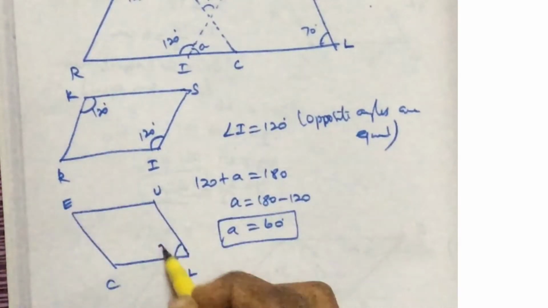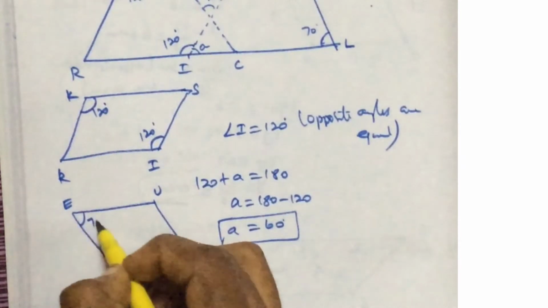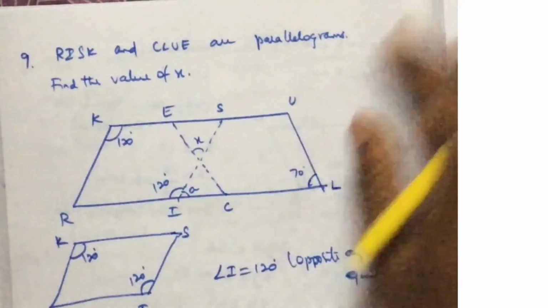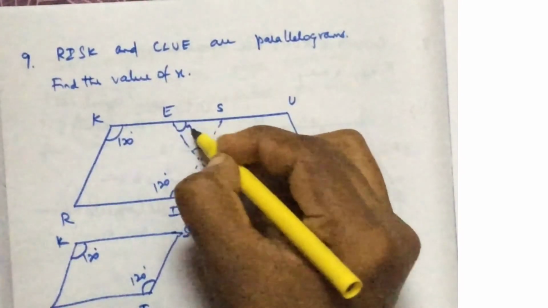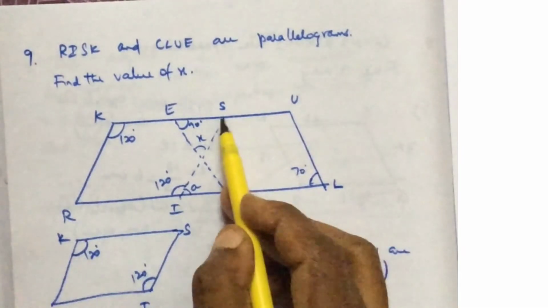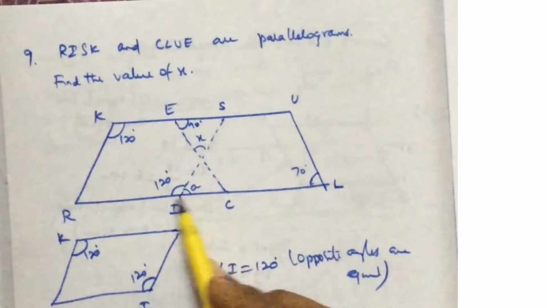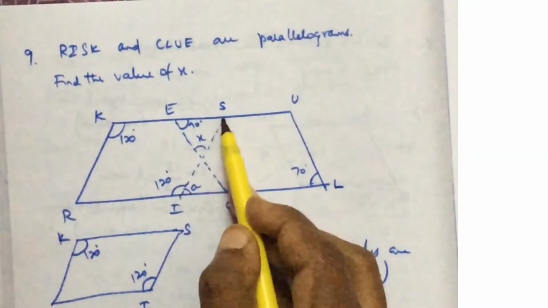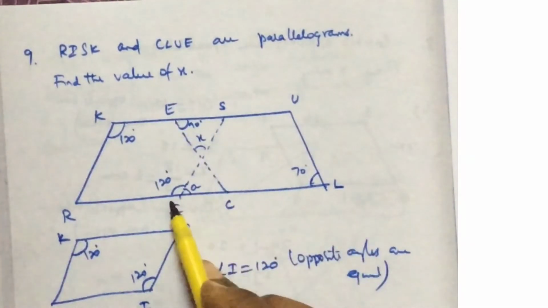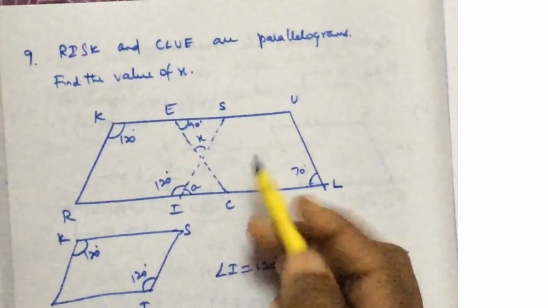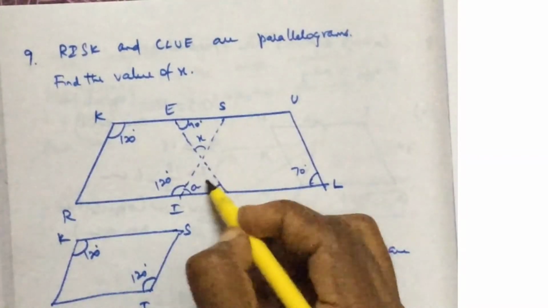If this is 70, E should be 70, these are opposite angles. So, I mark E, which is 70. Now, you see here, from here to here is a Z. This is a straight line. These two lines are parallel. So, from here to here you can see a Z. So, if this is 70, this is also 70.